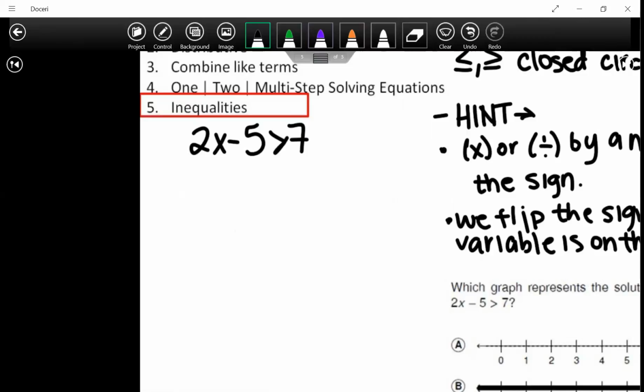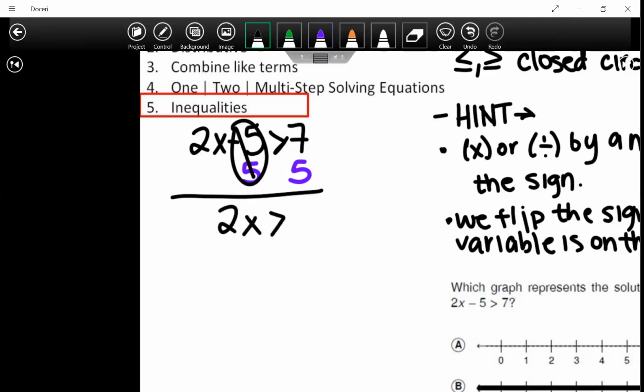We're going to go ahead and add 5 to both sides, because we add it to get rid of it on one of the sides. Our 5 and 5 go away. We're left with 2x is greater than 12. And then our last step would be to divide by 2 to isolate our x.